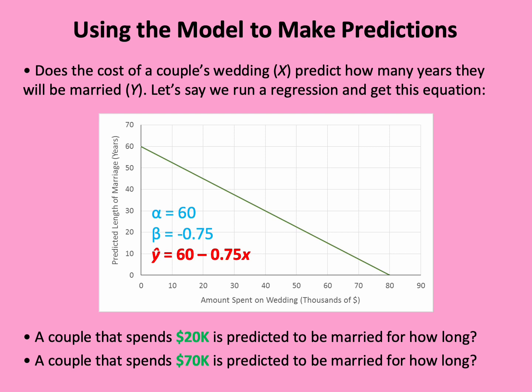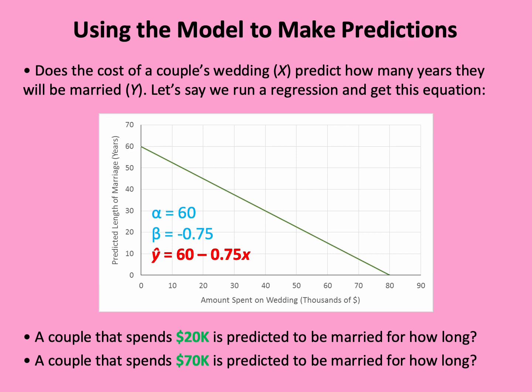Okay, and in fact, if you look at the best fitting line, where the line intercepts if we go to $0, the line intercepts at 60, which is where we get our alpha value or our y-intercept from, right? Because that's the value of y given a value of 0 for x.